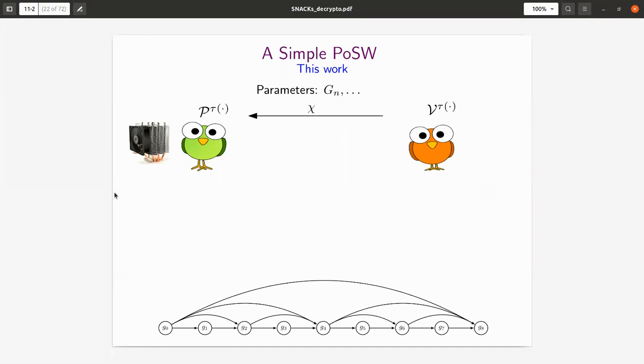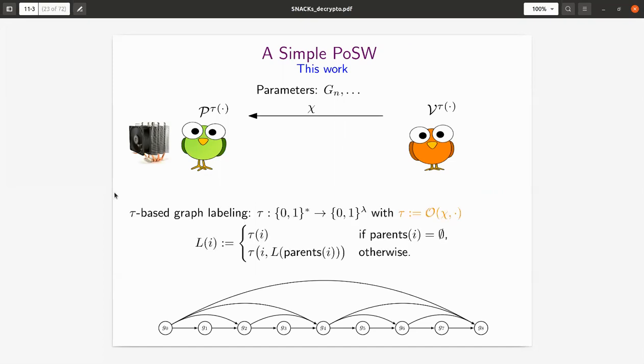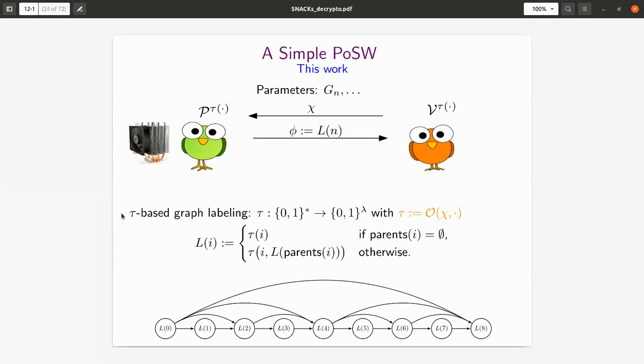The verifier starts by sending some chi, which the prover will use with the random oracle tau to label the graph as defined here. So it will generate the labels, and in this case generates phi, the label of the sink node in this graph, and sends it to the verifier.